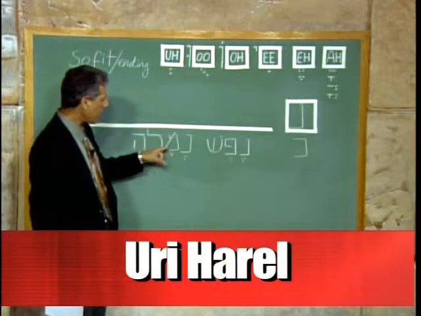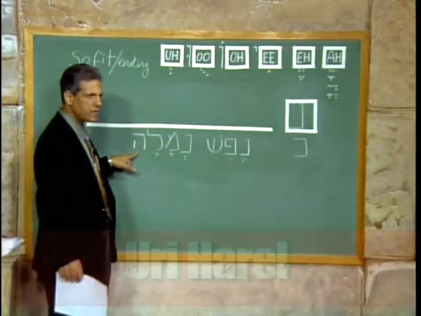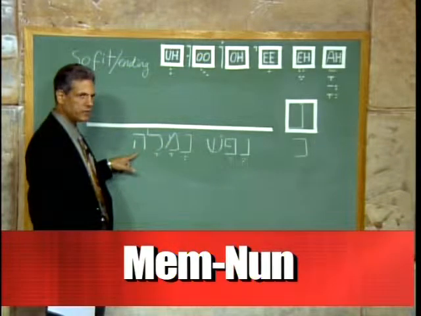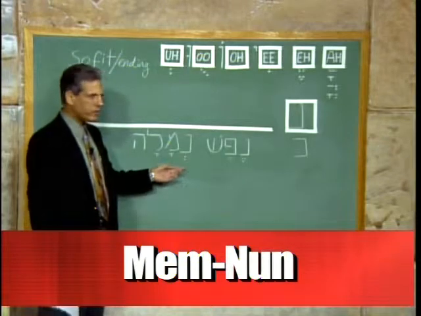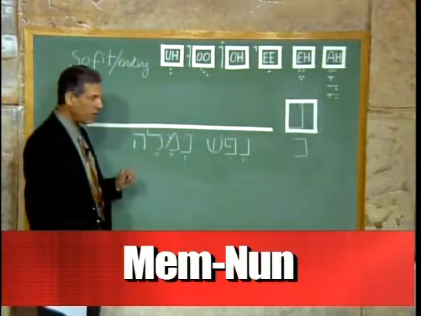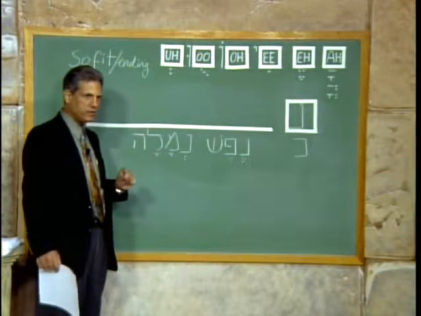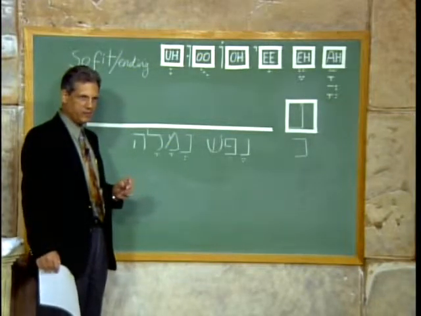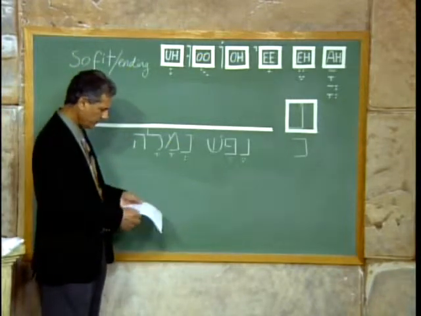So we have ne, ma, Lamed with an a sound, ne, ma, la. And there is a Hey at the end, which is not audible. You cannot hear it. It's silent because it doesn't have a vowel. So here is the word, ne, ma, la. Nemala happens to be an ant. And King Solomon said, go to the ant, you lazy boy, and see, learn from her, and become wise. So here's your nemala.